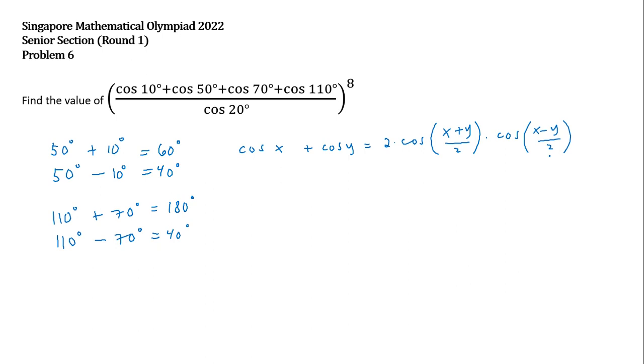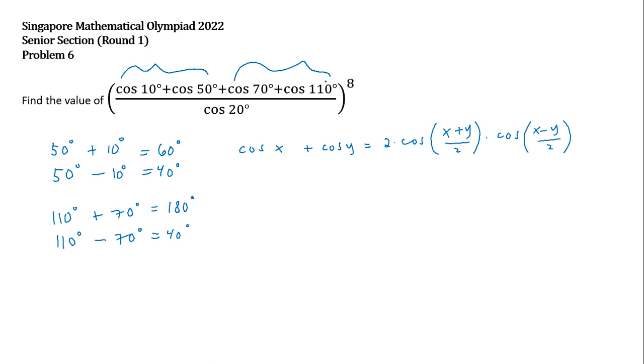Okay, now let's apply this identity to cosine 50 degrees plus cosine 10 degrees and to cosine 110 degrees plus cosine 70 degrees.